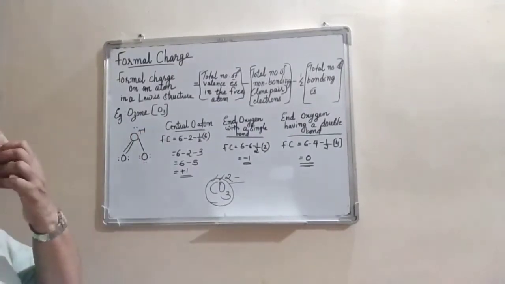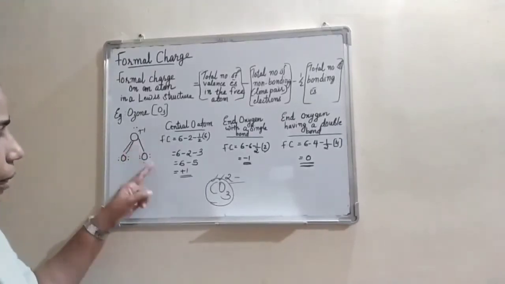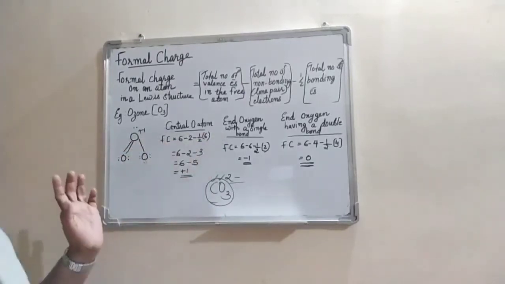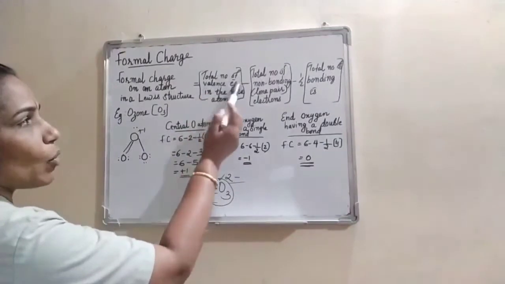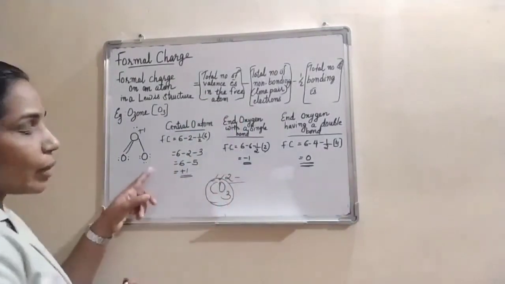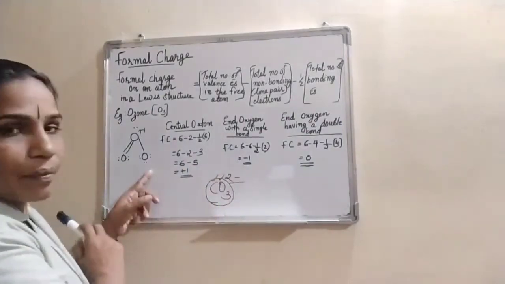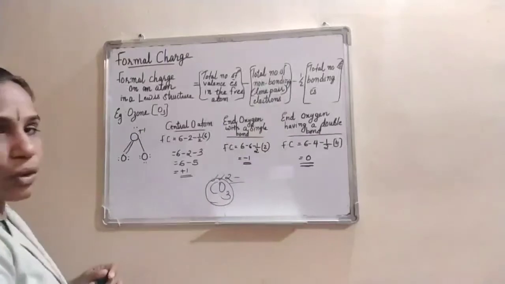Then consider this end oxygen with a single bond. Formal charge is equal to total number of valence electrons in free oxygen atom, 6, minus number of lone pair of electrons.